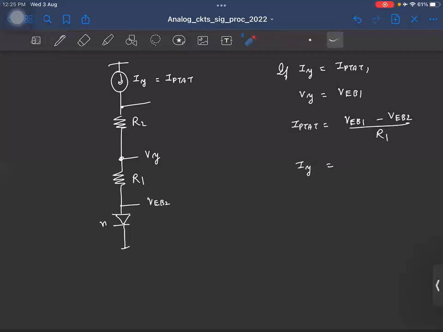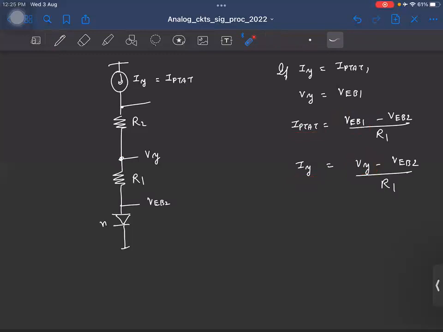I mean, in terms of these voltages, Vy minus VEB2 by R1, right? Again, it's the same thing. If I make sure IY is equal to IPTAT, this voltage becomes equal to VEB1, right?